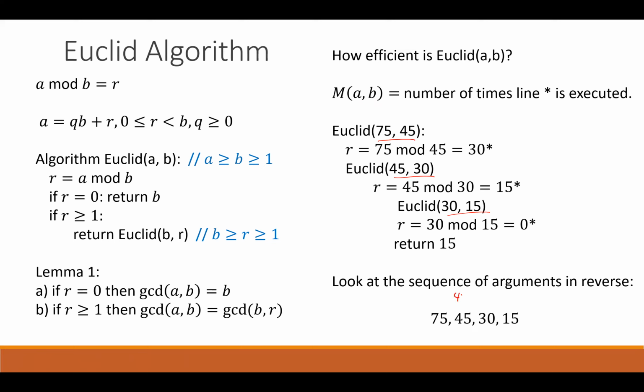For instance, I can write 45 is equal to 30 plus 15, and I can write 75 is equal to 45 plus 30. So if we looked at them in reverse from lowest to highest, then they kind of have a Fibonacci thing happening, right? This number is equal to the 2 previous ones. This number is equal to the 2 previous ones. And this holds more generally, but it's actually an inequality.